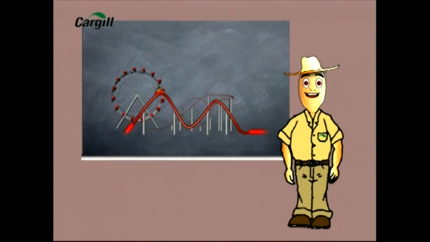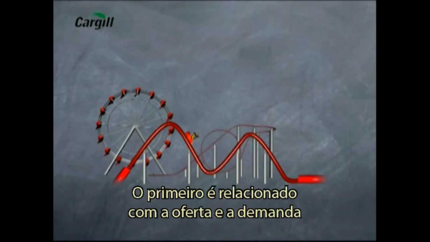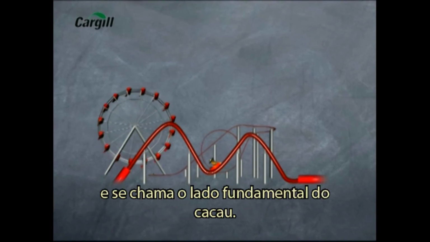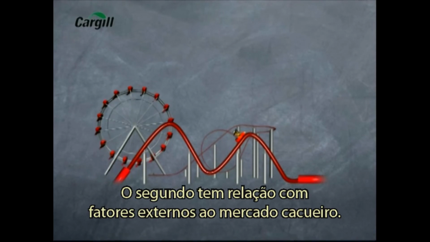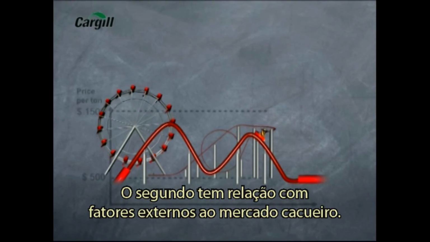There are basically two sets of factors affecting cocoa world markets. The first set has to do with the cocoa supply and demand and is called the cocoa fundamental side. And the second has to do with factors outside the cocoa market.